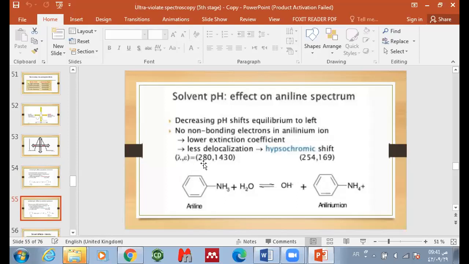So you can see here the absorbance was 280, then it became 254. And the epsilon coefficient 1430 decreased to 169. So a huge decrease due to decreasing the pH of the solvent.